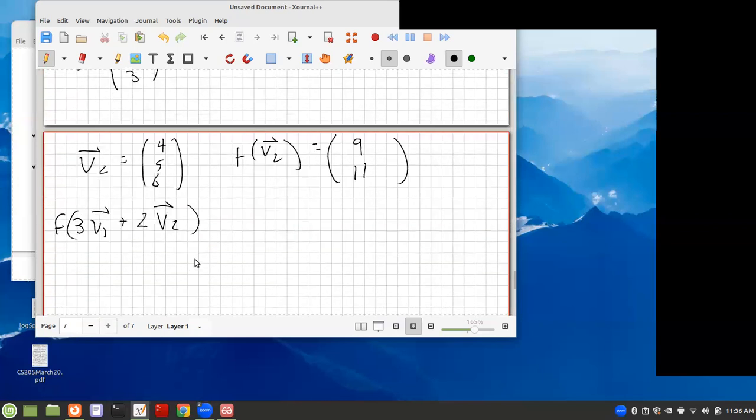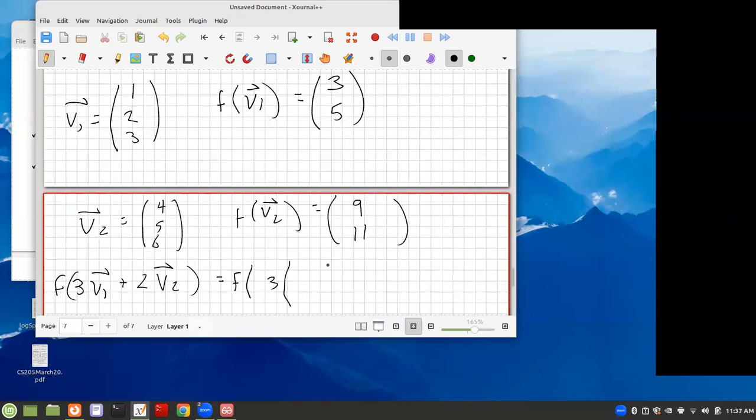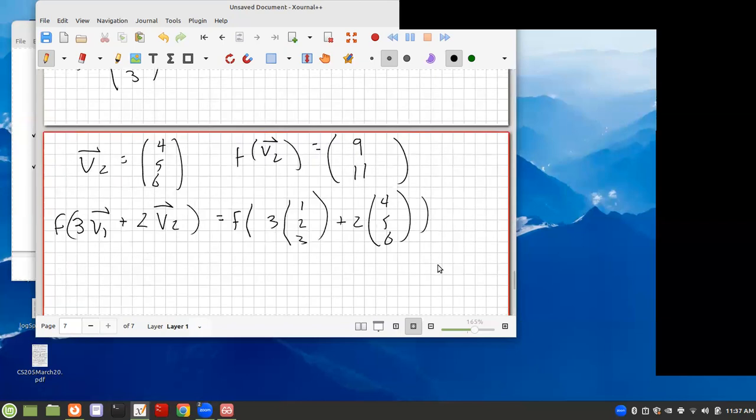So what I have to do is find out what vector this is in terms of x, y, z, then apply that rule. So this is going to be f of 3 times V1, which is 1, 2, 3, plus 2 times 4, 5, 6.